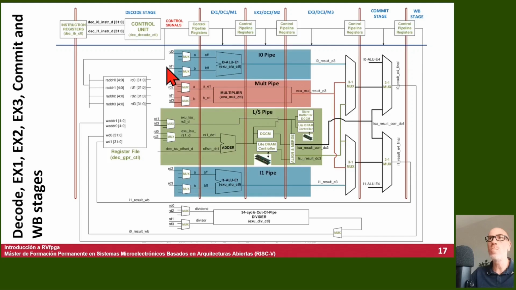For example, an add goes through an integer path, I0 or I1 in blue, while multiplication uses the orange path. Note that operands are read from the register bank, but can also come from forwarding paths of later stages, using these multiplexers and others not shown in the figure for simplicity.